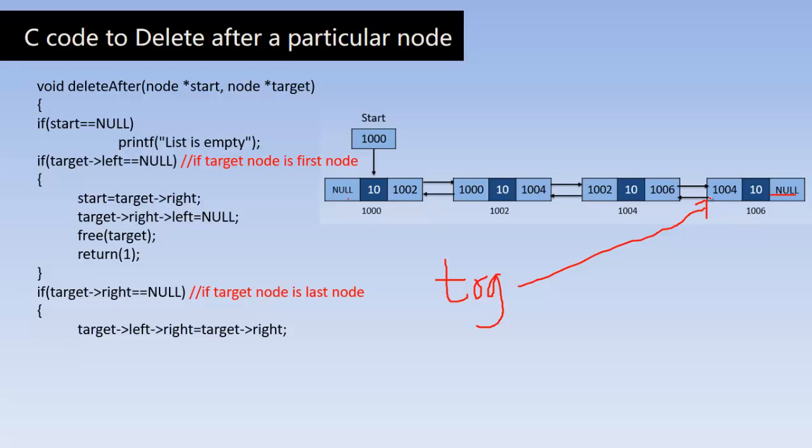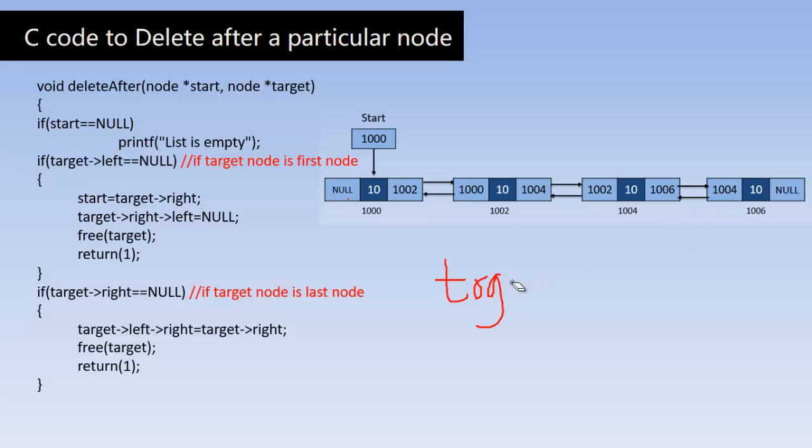Target arrow left is this, the address 1004, and its arrow right is this, 1006. So I will store null here, and I'll simply free the target. If I free the target, this will be removed, and return 1. Okay, so these are the two cases.